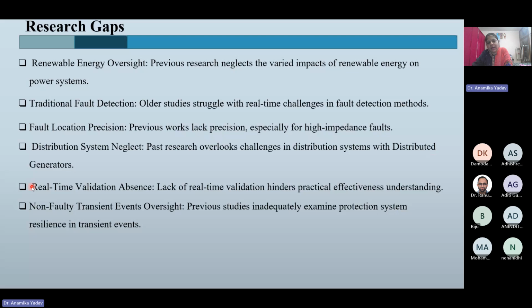And finally, real-time validation of the schemes was not done earlier, and for non-faulty transient events, the previous studies do not take into account the performance investigation, because these are conditions wherein the system should not consider it to be a faulty condition.